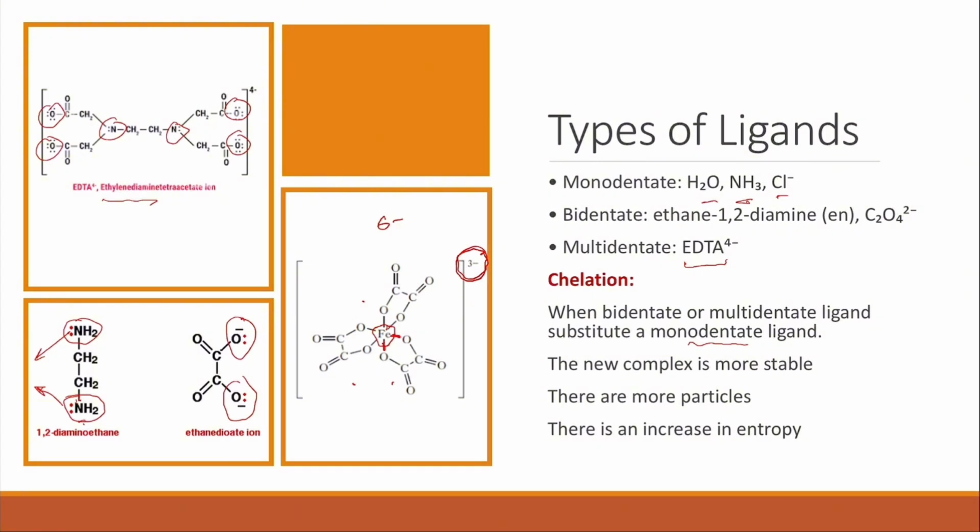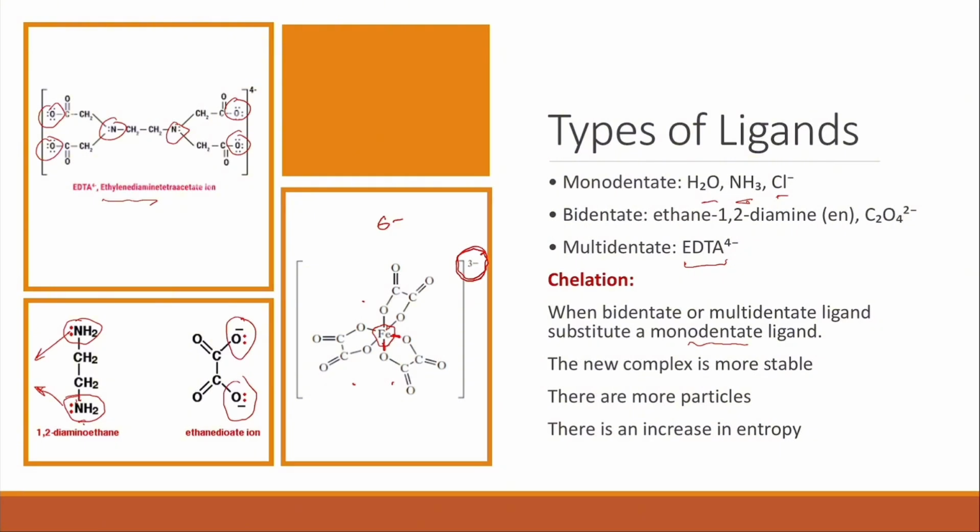Why would it be more stable? It will be more stable because there will be more particles produced at the end, because you are replacing six particles or six ligands with either three in case of bidentate or with only one in case of the multidentate, especially if it can make up to six different dative covalent bonds like EDTA.